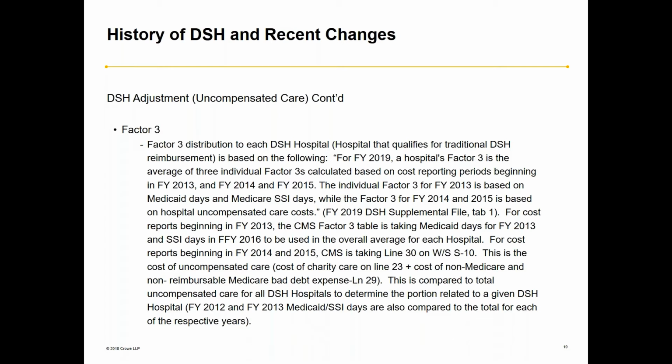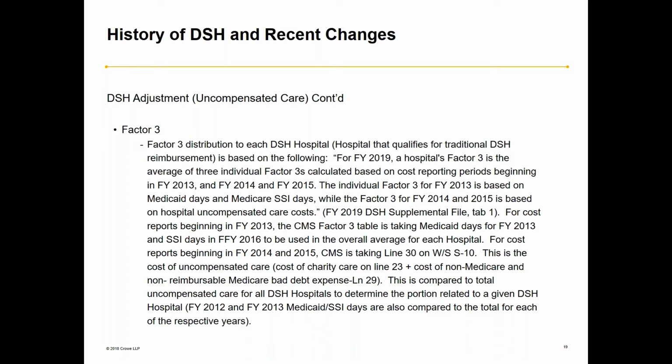And line 30 is made up of charity care and bad debts. So non-Medicare bad debts go into that number that goes on to line 30. And line 30 on S-10 is what's used for the hospital's portion of the uncompensated care.